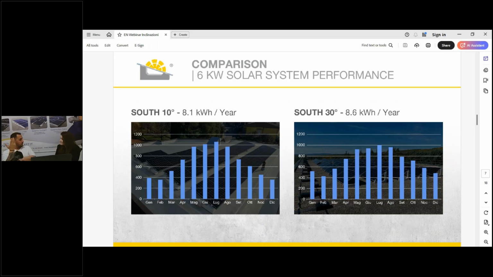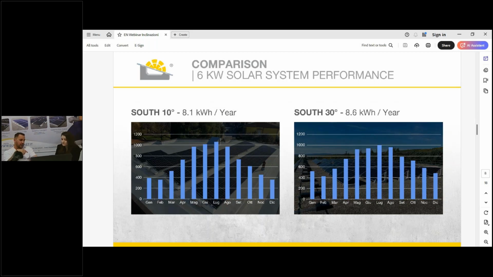So we know that the 30 degrees is an inclination that is a bit higher, whenever it's south, right? So whenever we're talking, always for south. Yes. For south, 30 degrees, the higher the inclination is, the panel tends to get more sun, right? So there are some not downsides of it, but there are some things that 30 degrees requires more than the 10 degrees, right? So we're gonna discuss it later.